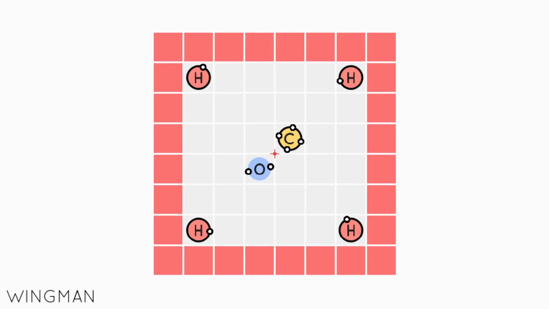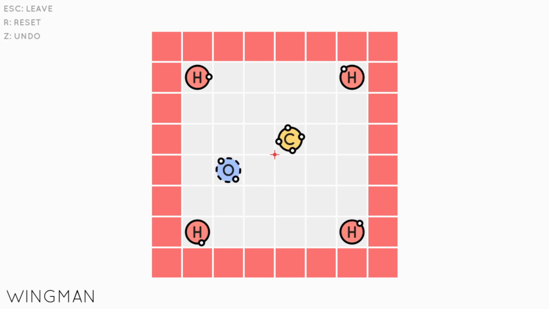Alright, Wingman. Okay, Wingman. Why? I think this is methanol, right? We've seen this molecule before. Okay. So what do I want to do here? We have an unbonder over here.